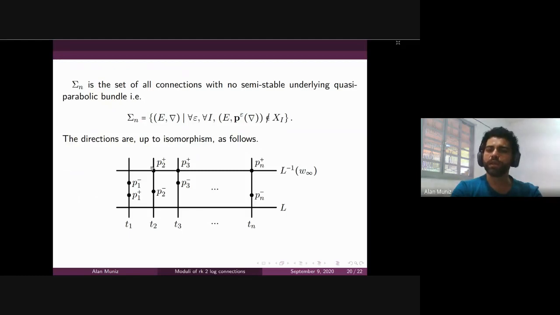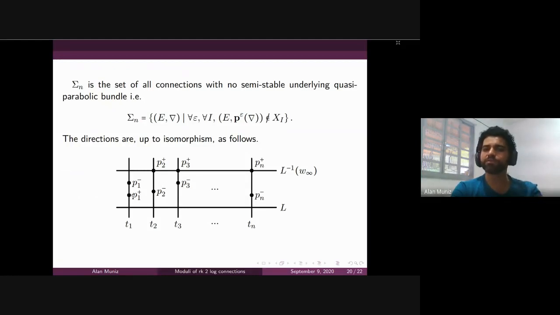The n-1 directions lie on this sub-line bundle, and the other lies outside this line bundle and this other line bundle. Actually, we can prove that up to isomorphism, this configuration is unique.